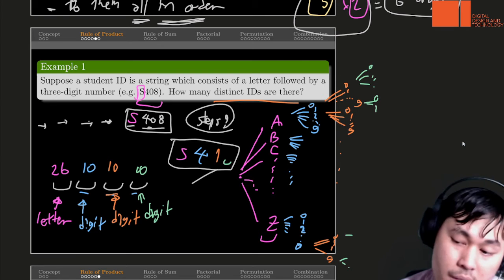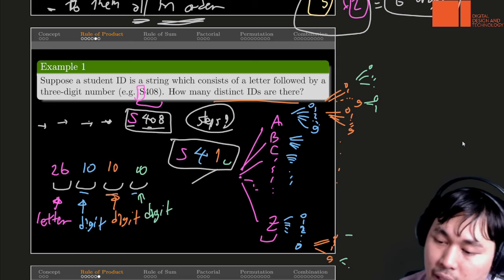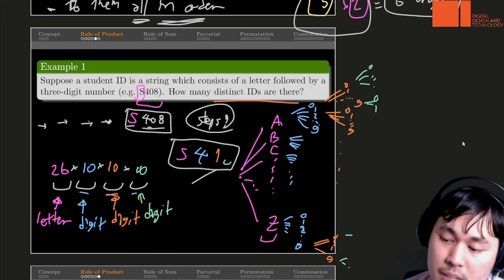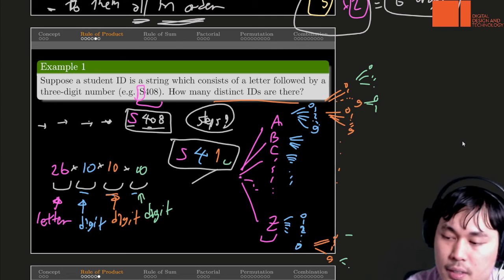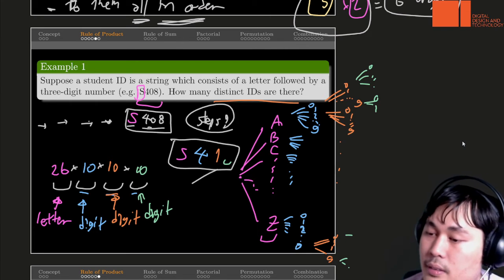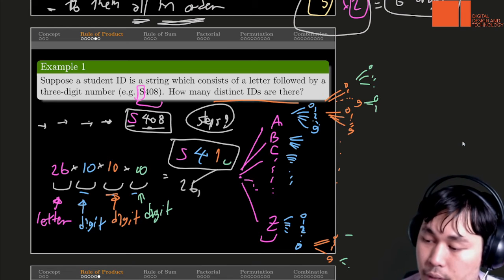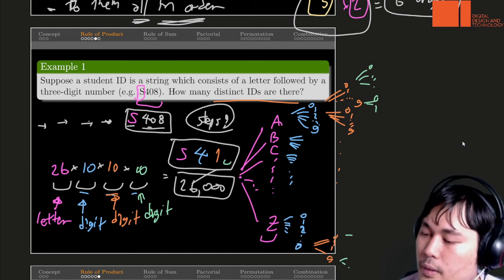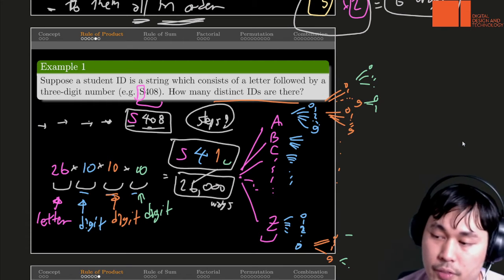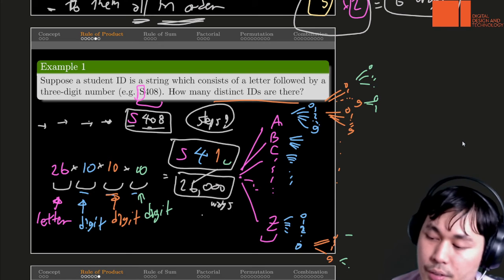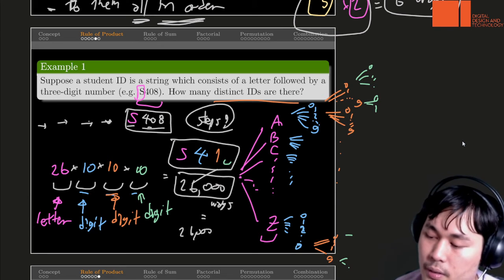And here, since it satisfies the rule of product, the number of ways you can make all these arrangements, the number of ways you can generate this 4 character ID, is this product, which is 26,000. There are 26,000 ways to generate an ID of this form, which also means that there are 26,000 different IDs.